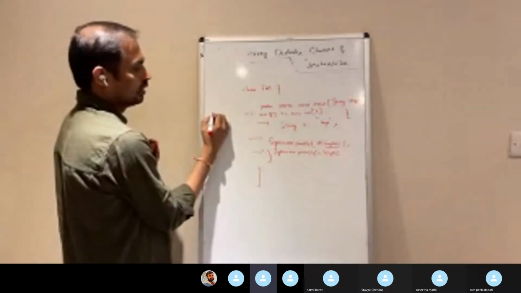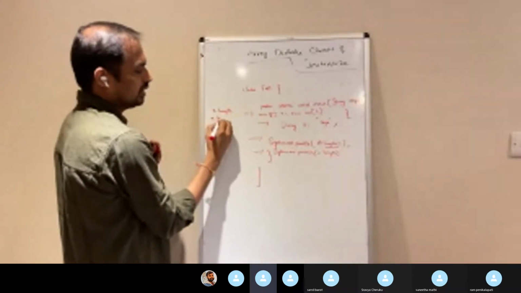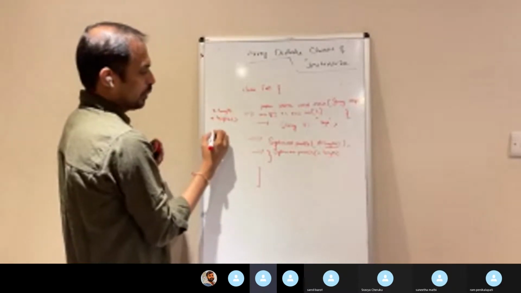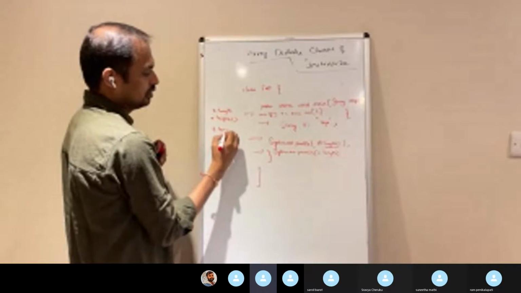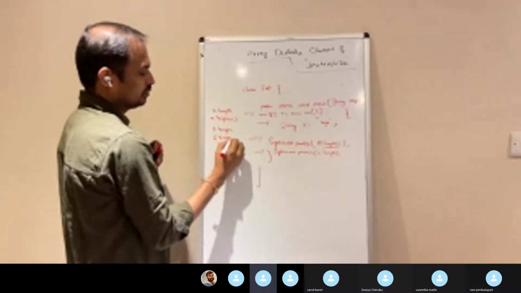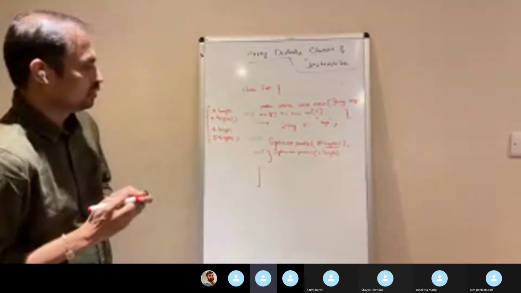So x dot length method, okay, s dot length method. So I want the output for all of these four.